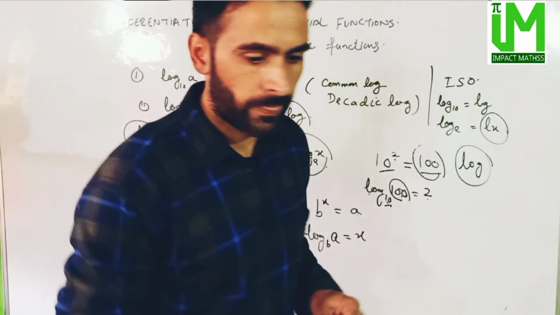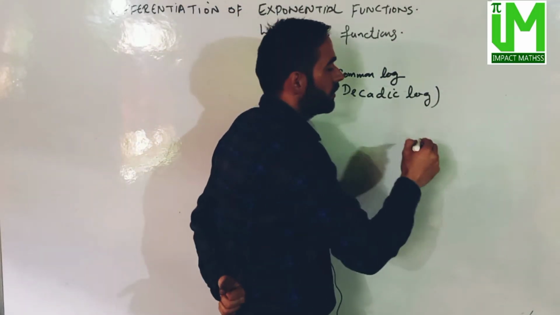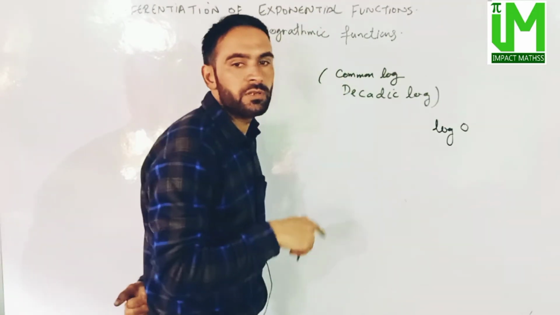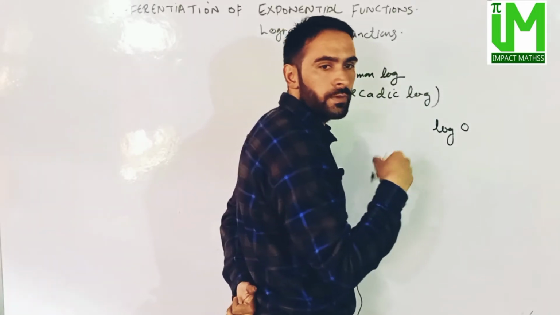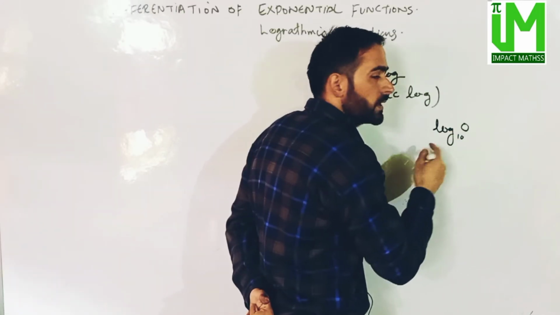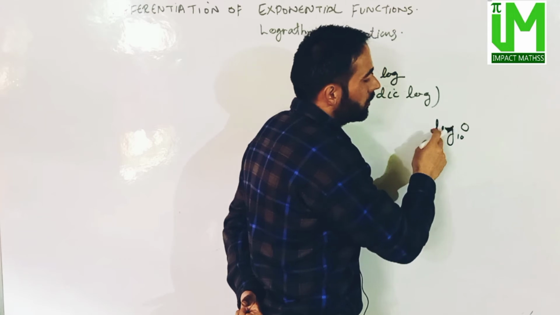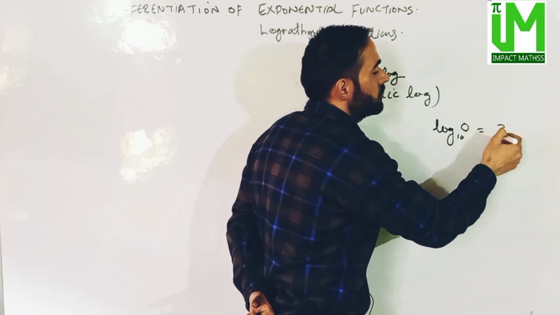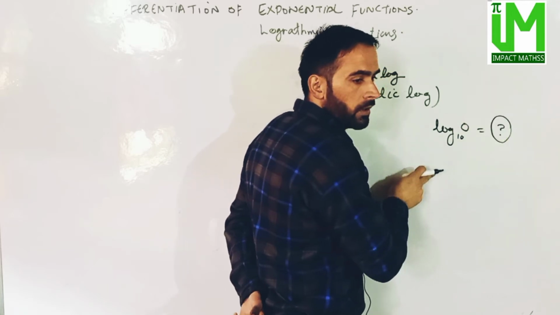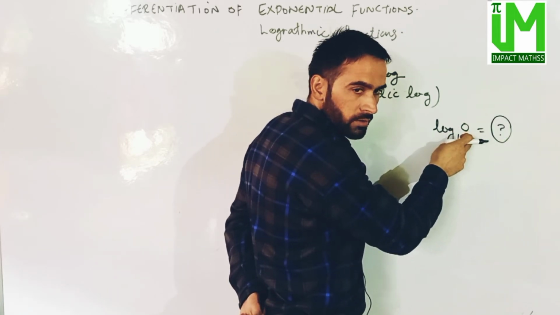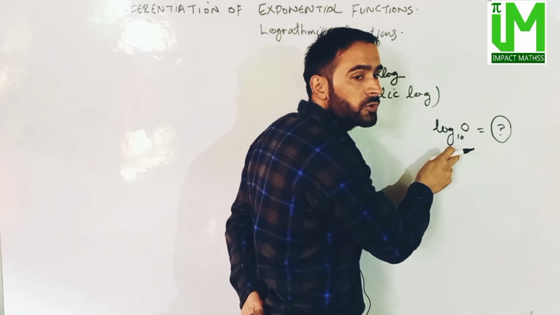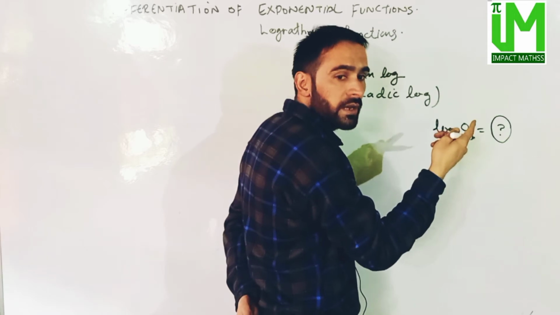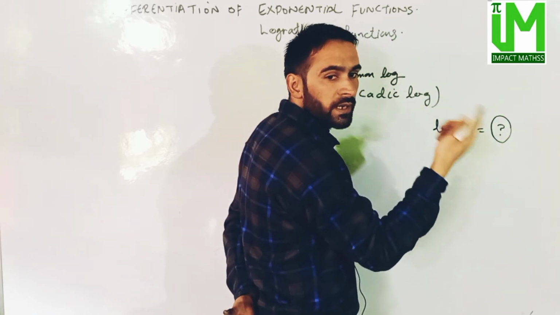Write down the definition. Now if we have to find log of 0 to any base, take base 10 or base e. So what do we mean by log of 0 to the base 10? We just saw that the log of a number is the exponent to which a given base is raised to obtain the number.